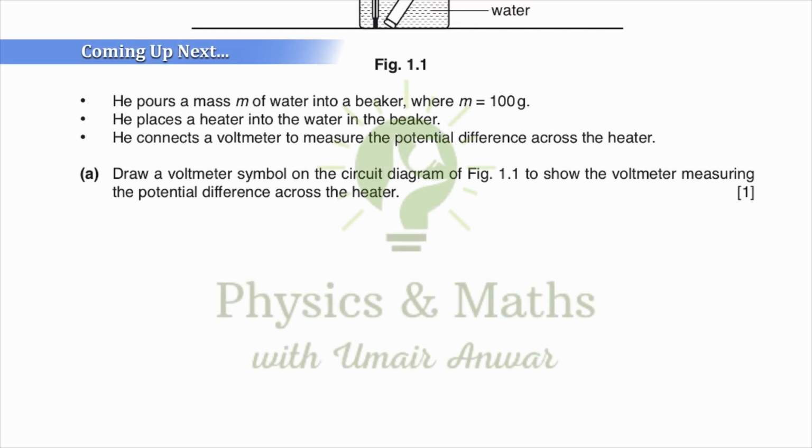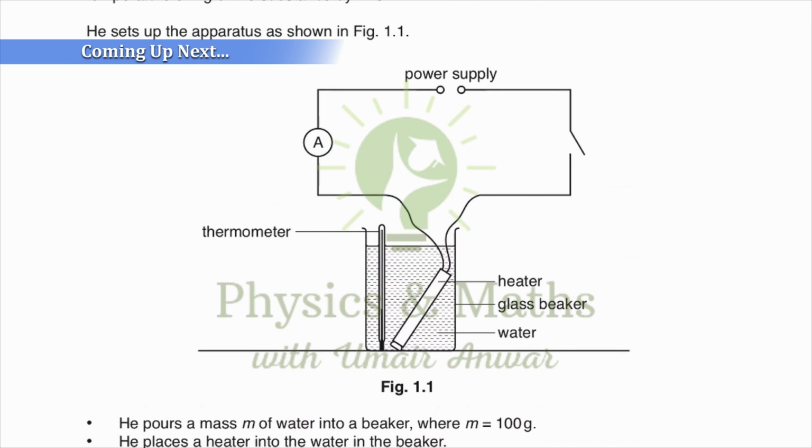In part A, the question says draw a voltmeter symbol on the circuit diagram of figure 1.1 to show the voltmeter reading the potential difference across the heater. So there are two ways of doing it. One is that the voltmeter could be connected across the power supply. So whatever the EMF or the voltage of power supply is, the same is going to appear across the heater.